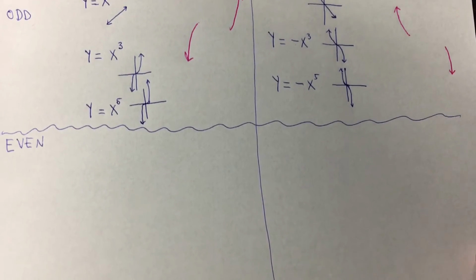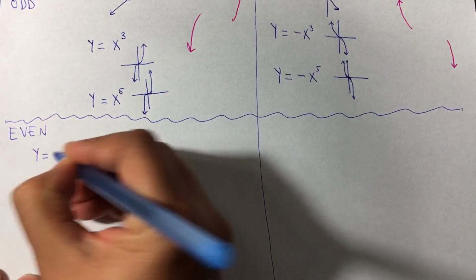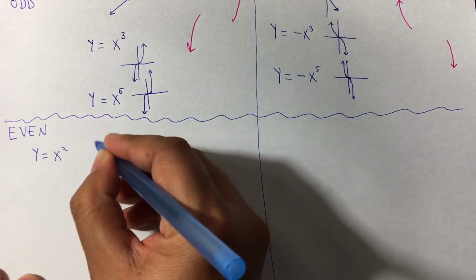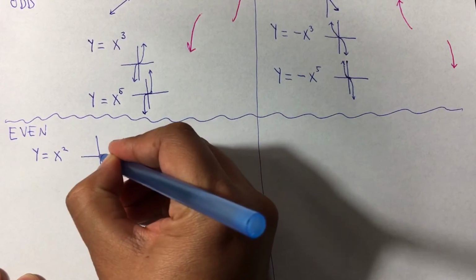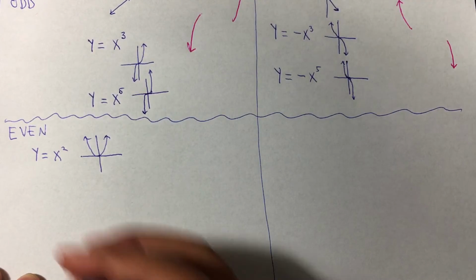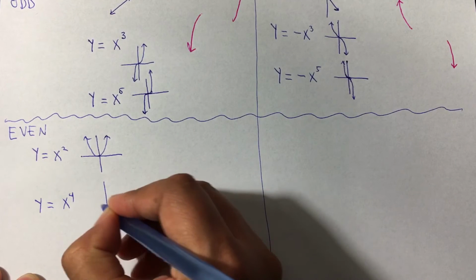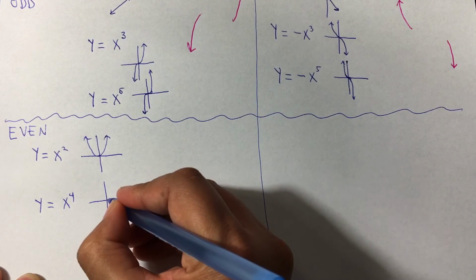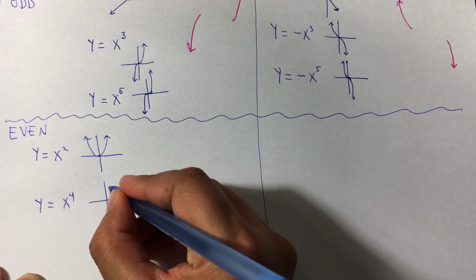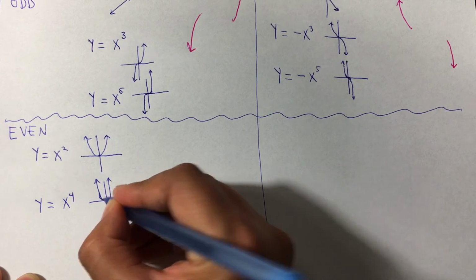Now let's do the even. We had y equals x squared. The graph is something like this. We had y equals x to the 4th. It was similar but flatter in here and then growing fast. Whoops.